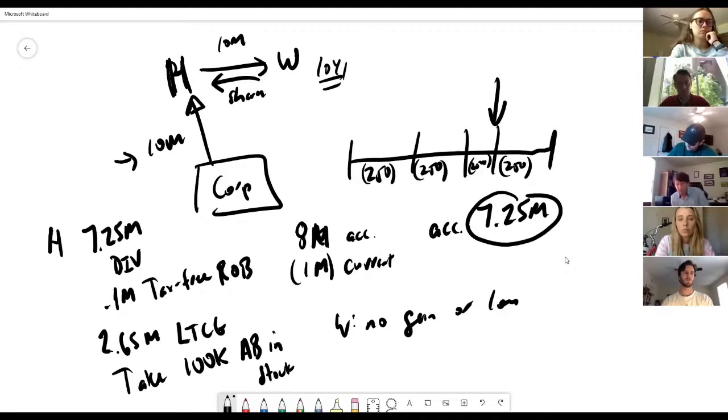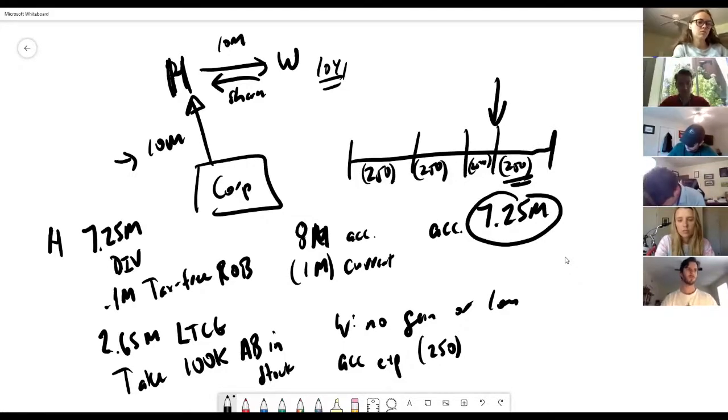And then corp's accumulated E&P would be negative 250. We got that last year. We didn't go over this that much in class.